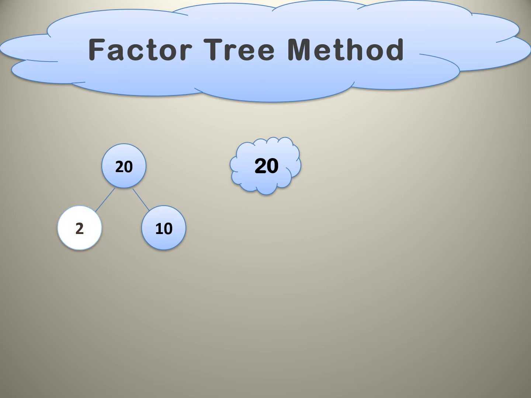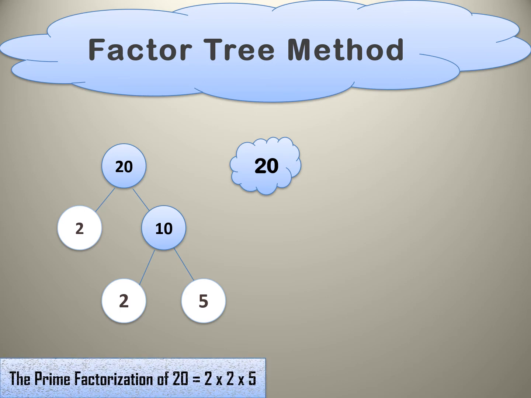But is 10 prime? No, it's not, because 10 can be factored into 2 multiplied by 5 and both 2 and 5 are prime numbers. So now we are done factoring. So the prime factorization of 20 is equal to 2 multiplied by 2 multiplied by 5.